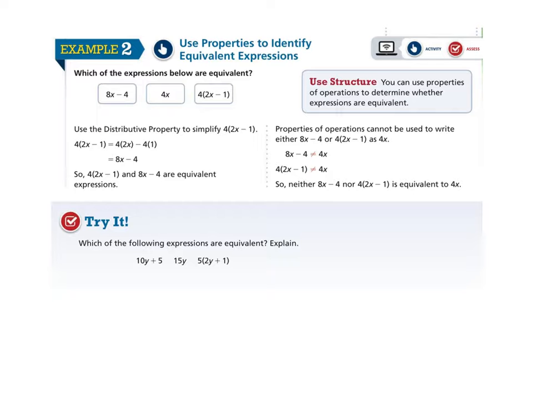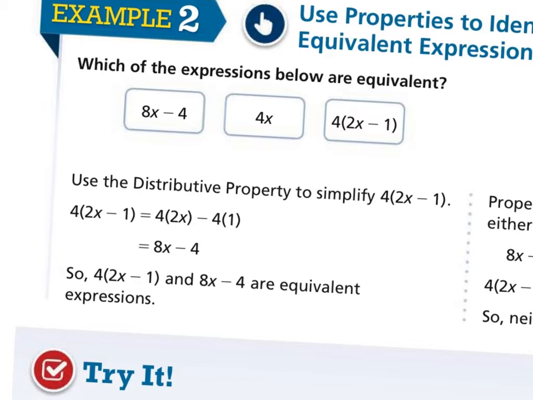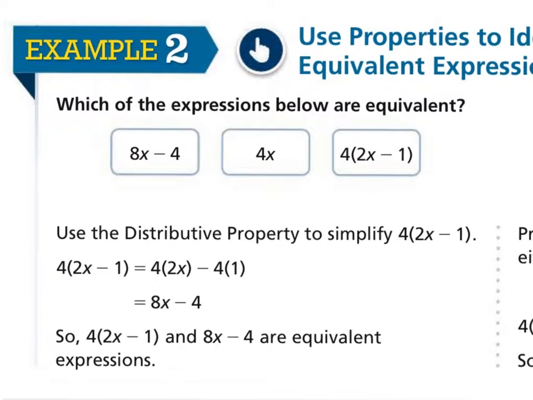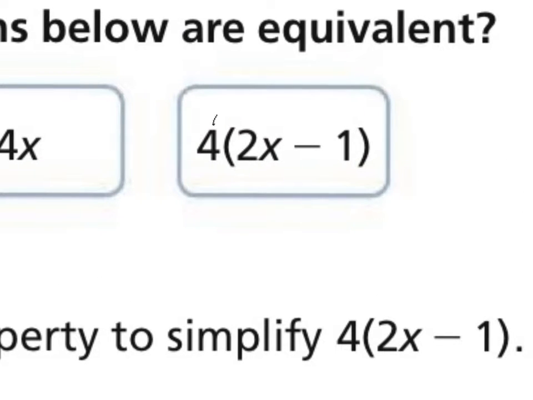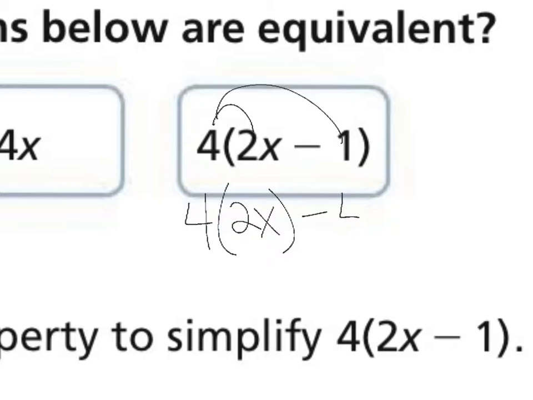Example 2, they're asking which of these expressions are equivalent. So one thing we can do, if you look at that last expression, we can use our new skill of distributing. We can do distributive property. So if you look at this one, we could take 4 times 2x minus 4 times 1.